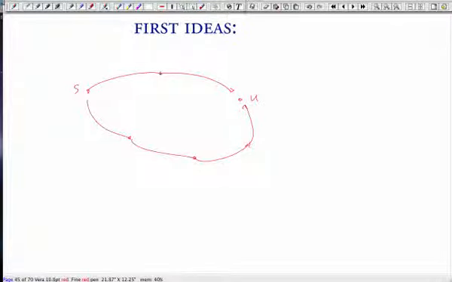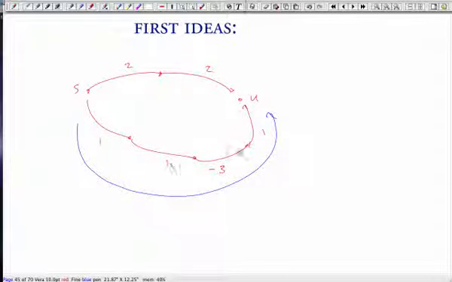So let's say, okay, the shortest path from S to U is along this way, right? But it has more edges, 4 edges instead of 2.